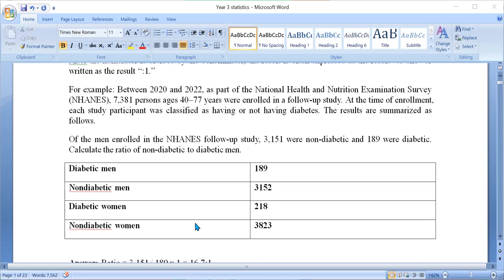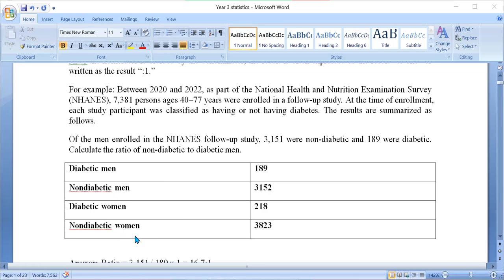Now look at the results after the follow-up study. Of the total 7,381 persons enrolled, the total number of men who came down with diabetes is 189. The total number of men who did not come down with diabetes is 3,152, whereas women who have diabetes were 218.